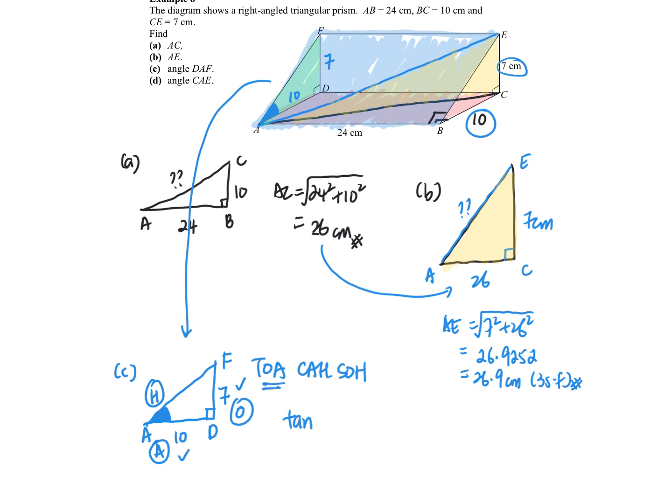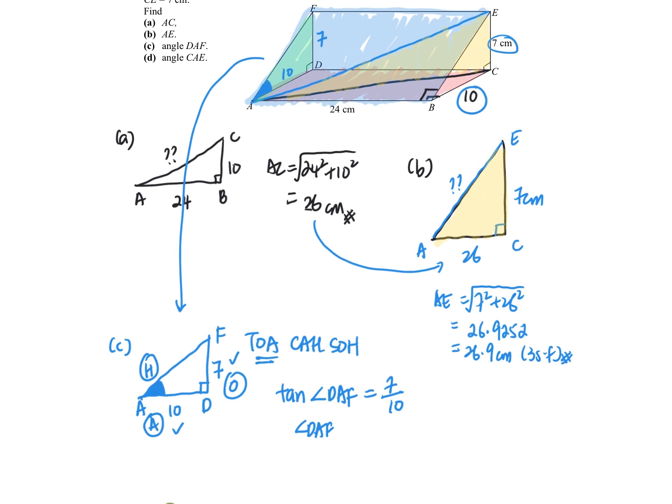So tangent of the angle DAF is O over A. Okay, so to find DAF, I take tangent inverse 7 over 10. Okay, you should get 34.992. So 1 dp 35.0.